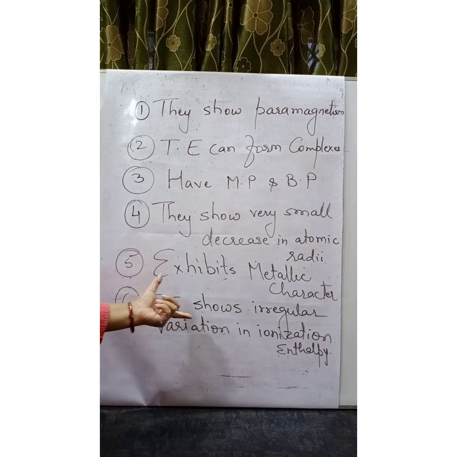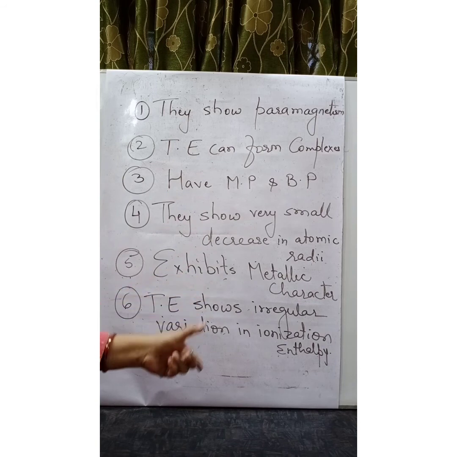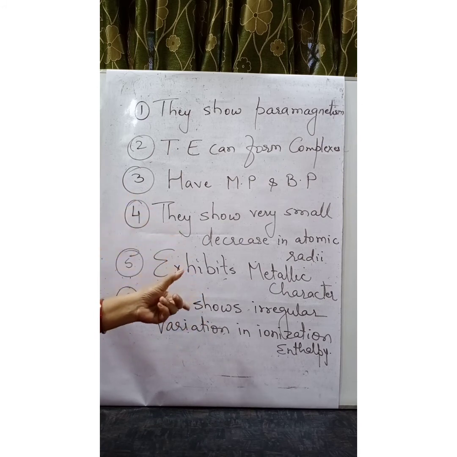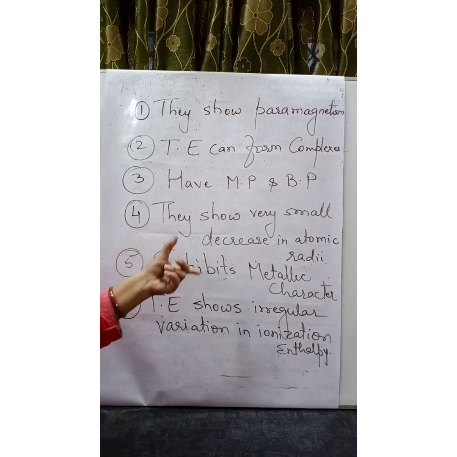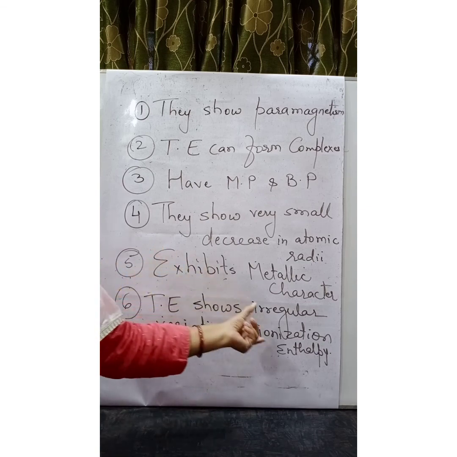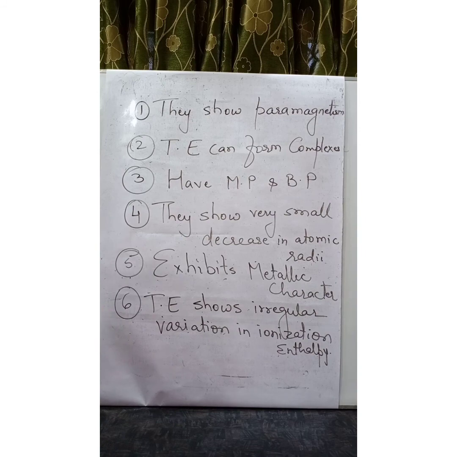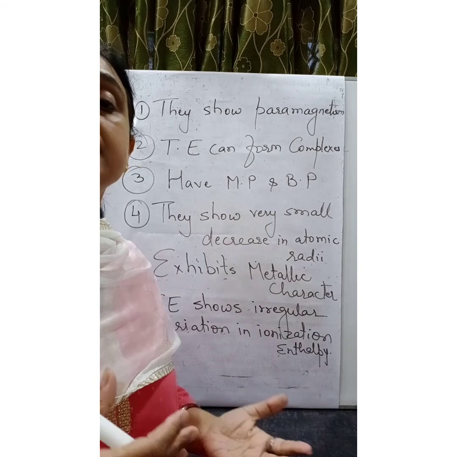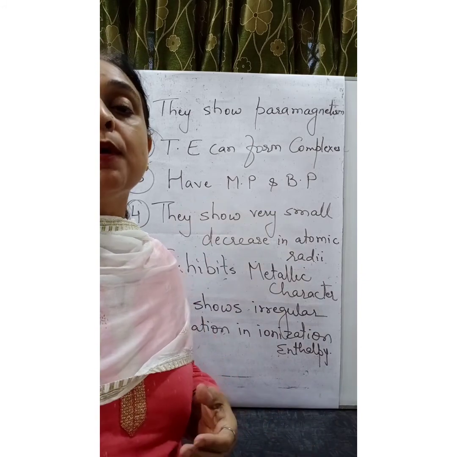But here, as the atomic number increases, the electrons are filled in the same shell. The distance between the nucleus and the outermost electron is also constant. But because of the shielding effect, the nucleus is unable to attract the outer electrons properly, and this results in the variation in their ionization enthalpy. Now let us understand these characteristics in detail with the help of these slides.